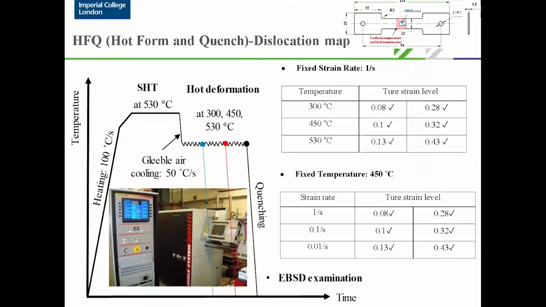What we did is we used the C gauge to measure the displacement in the transverse direction, so that we could directly obtain the strain levels from the detected C gauge. So these are coming from the C gauge measurements.